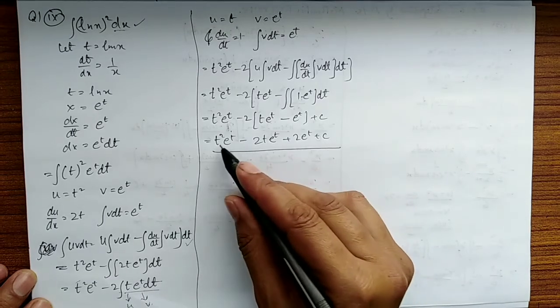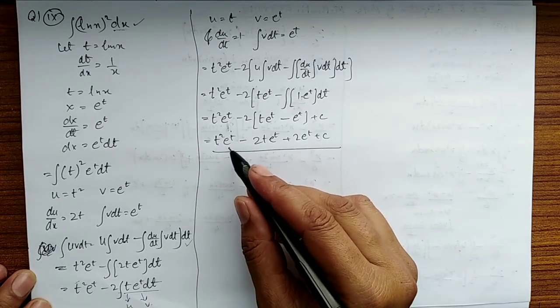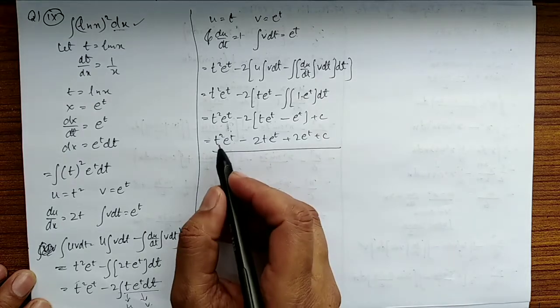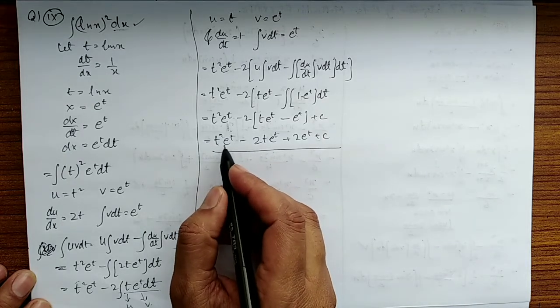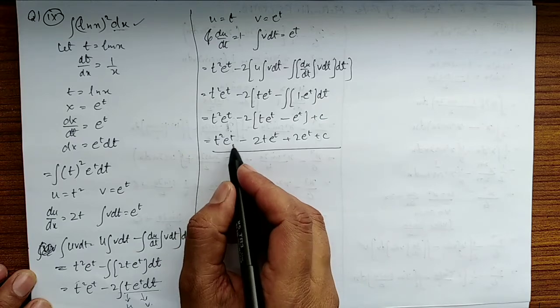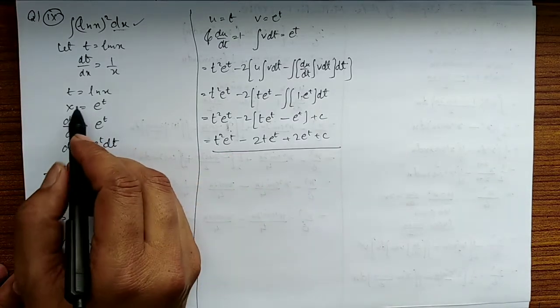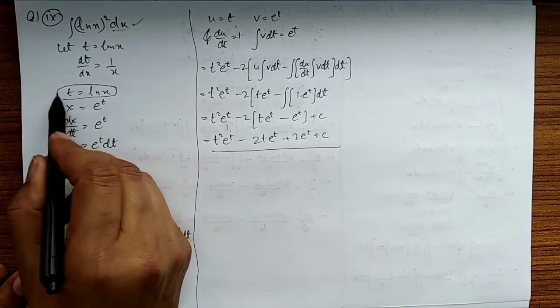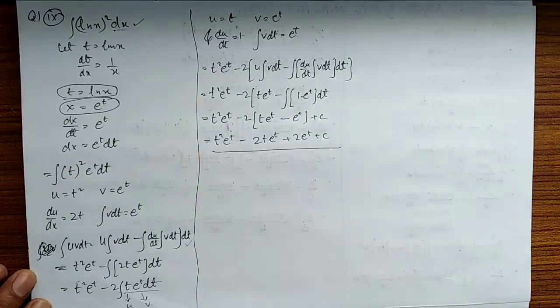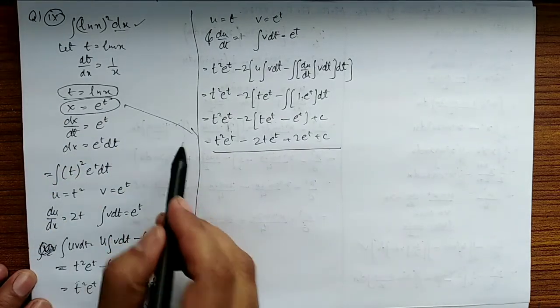Now by putting the values of t and e power t, what are the values of t and e power t? The values are right here. We are going to replace these values in this one.